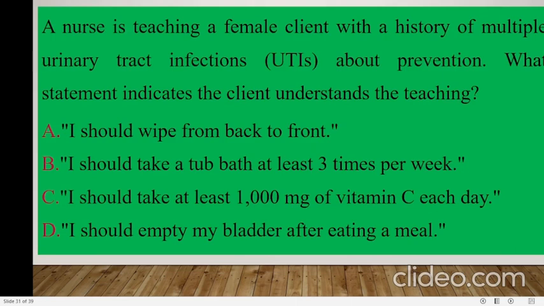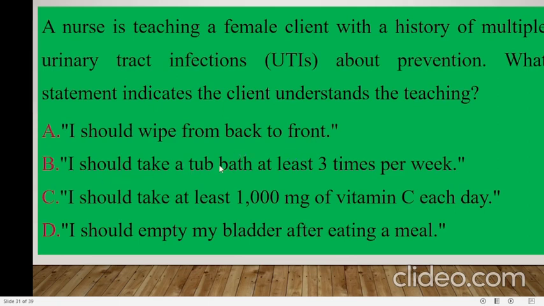Say the nurse is teaching a female client with a history of multiple UTIs about prevention. Which statements indicate the client understands the teaching? This one is a female, you can be sure. This is why they have already indicated it. Female. I should wipe from back to front. No, it should be front to back. Okay, ladies? Great.